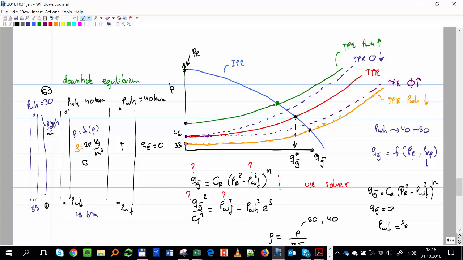When reservoir pressure goes down, the shape of the curve remains more or less the same because C and n don't change much. So it's like a shifting down, a scale down effect. With reduced reservoir pressure, the IPR also goes down, PR1, PR2. So the equilibrium point, if you are using the red curve, is also going to change due to depletion.